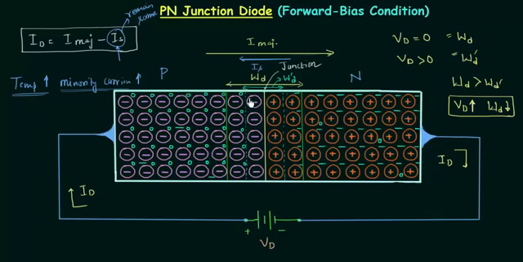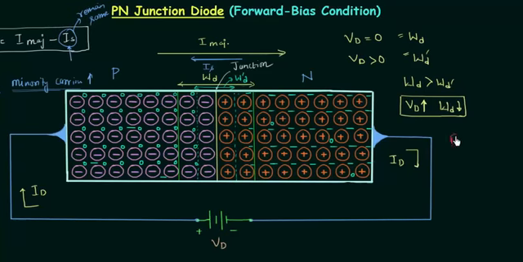The first thing is the width of depletion layer is reducing, and hence we can say that the barrier potential is also reducing. Let me write this down. Width of depletion layer is reducing, so the barrier potential is also reducing.